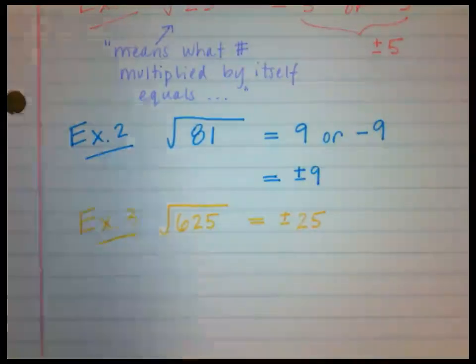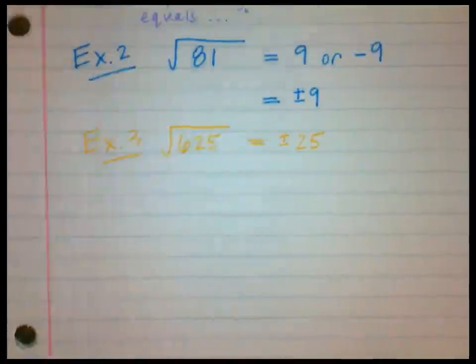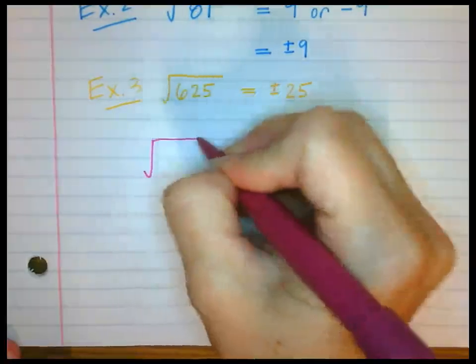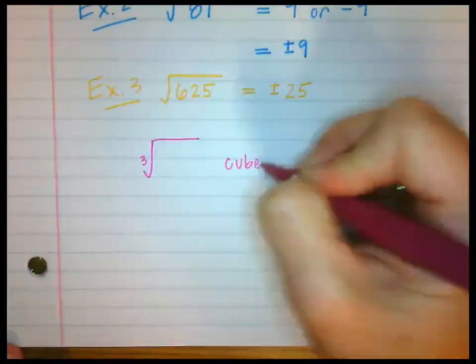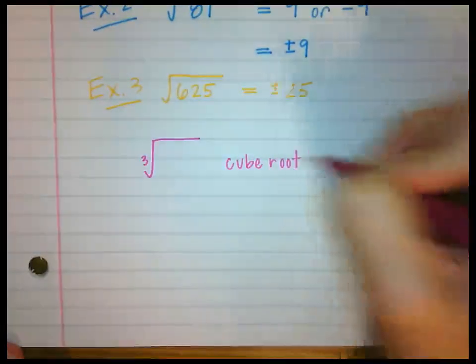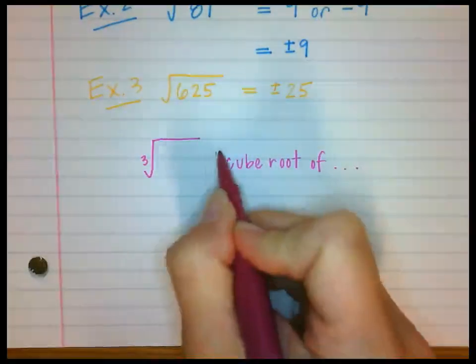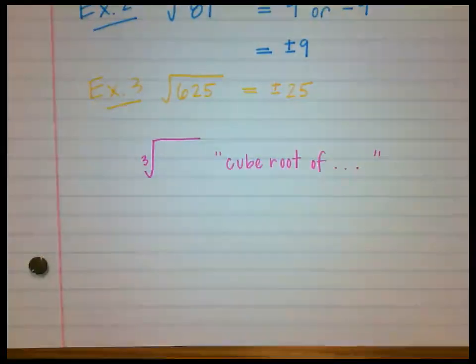All right, let's talk about cube roots. Cube roots are similar, except we are going to have something that shows that we don't want the square root of something, we want the cube root. So this is how we write the cube root of a number. So this is going to be the cube root of whatever number is inside.